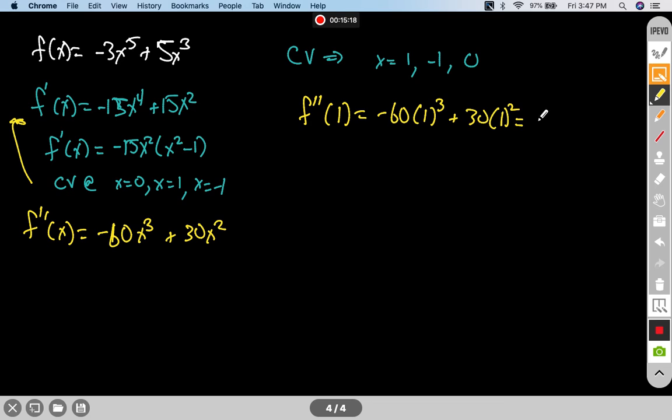And that's going to be negative 30. And this is less than 0. Means it's concave down, so this is a relative max. So I know now I have a relative max at x equals 1, and that's the point (1, 2), because I plug 1 into this equation to get that value.